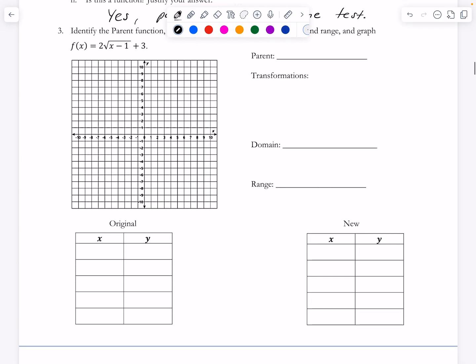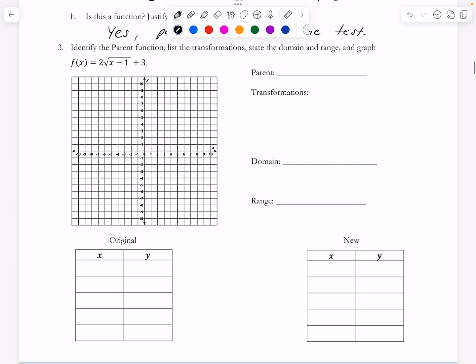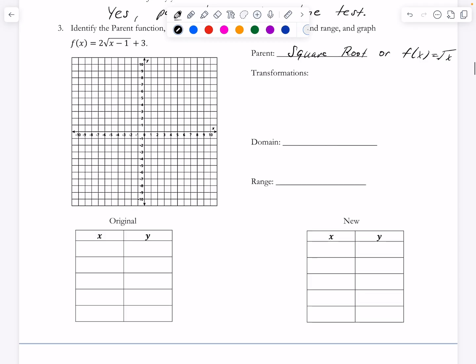All right, so this first part here, I always want to do the original parent function. In this case, it is the square root function. Feel free to write the words, or you can write f of x equals the square root of x. All right, I'm going to go with my original points, which are, for square root, going to be the x values are 0, 1, 4, 9, and 16.